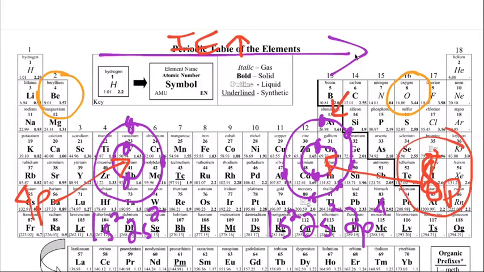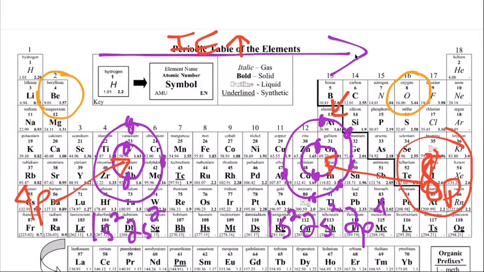This causes the attraction between the nucleus and the valence shell to increase, which makes the atom get smaller, so your atomic radius decreases.